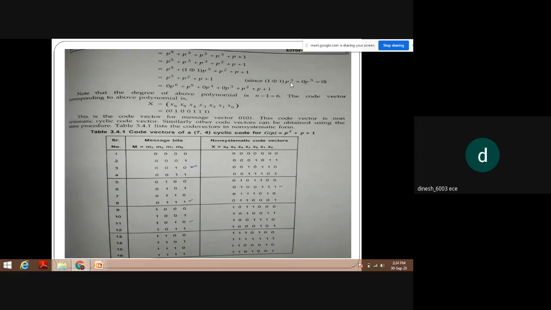So into p power 3 we get it as 0. So the remaining will be p power 5, p power 2 plus p plus 1.